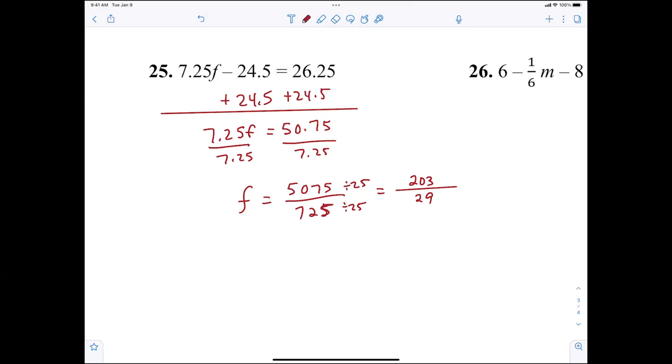All right, so now we just have to figure out, what do you think 203 divided by 29 is? That's okay. Can someone tell me how they should know this is 7? Because 203 ends in 3 and 7 times 9. Yeah, that's the key to it, guys.